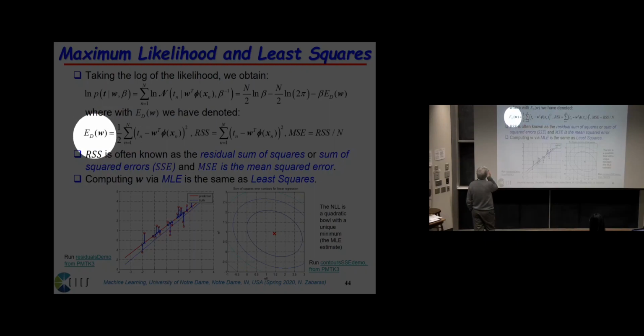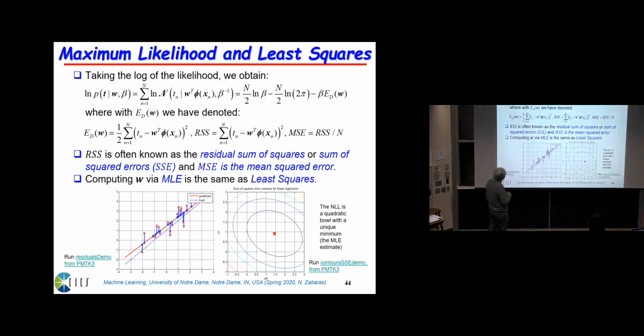This is called E subscript D of W. So now you're going to have to help me with the names. What does this D here mean? Where is the D coming from? I don't remember now, so you have to help me.